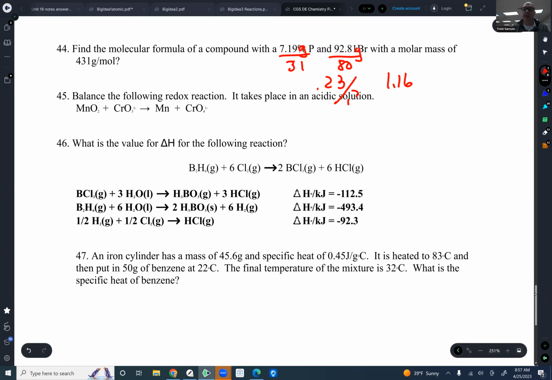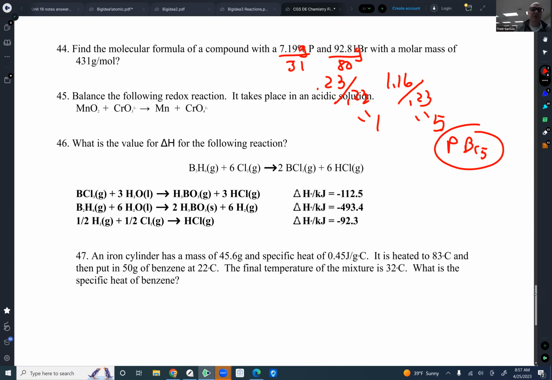Now divide these by the smallest. That equals 1, and this equals 5. Don't need to multiply it by 2, so it ends up being PBr5 is your answer.